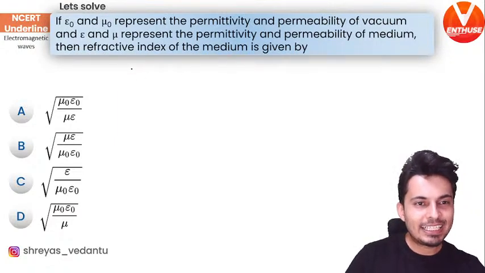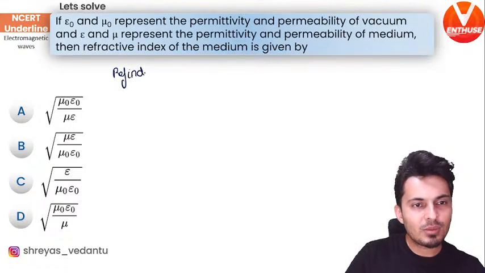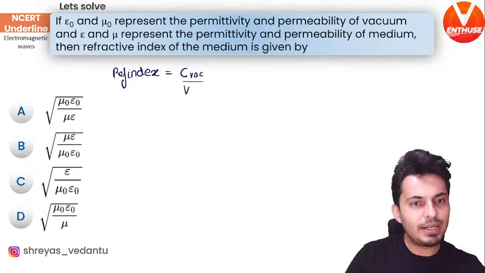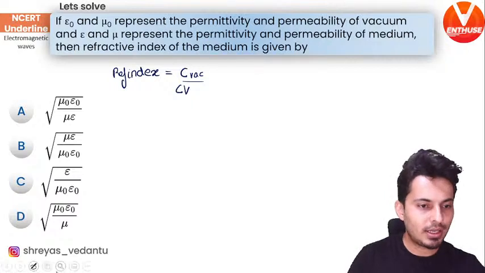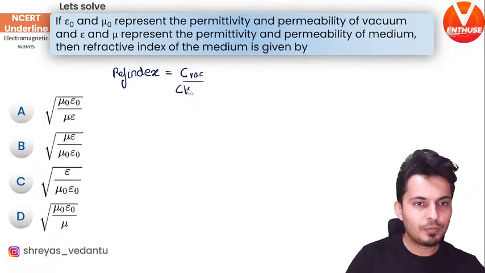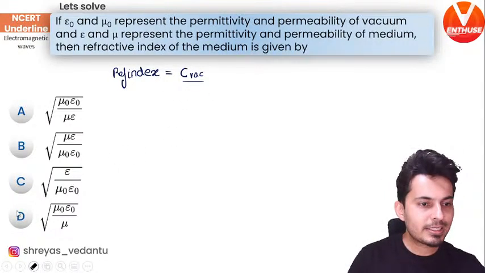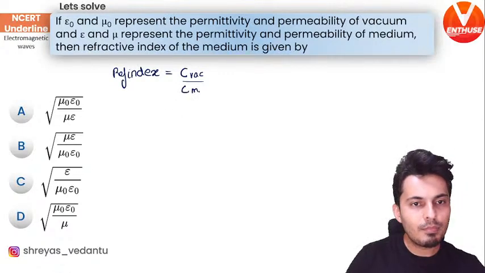Let's figure this out. What is refractive index? It is speed of light in vacuum upon speed of light in the medium.